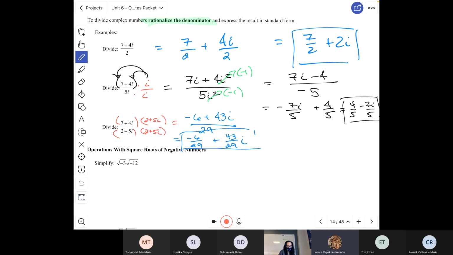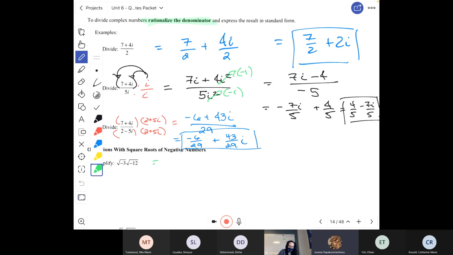Now, as I mentioned to you, as soon as you get a negative inside the radical, if your radicand is a negative number, you have now introduced imaginary numbers into the problem. You can't just use those properties like when we were dealing with it from way back when.